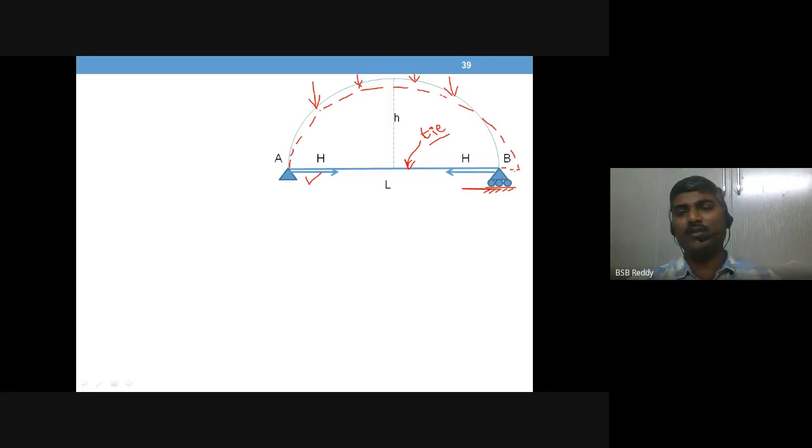So what will this tie do? The deformation of the arch is minimized, and once the arch is deformed by the amount of delta, the tie can expand and the arch will become stable. This member is like a bar.